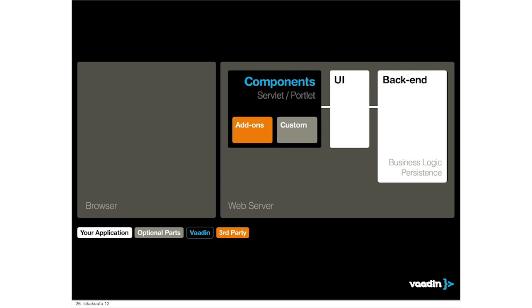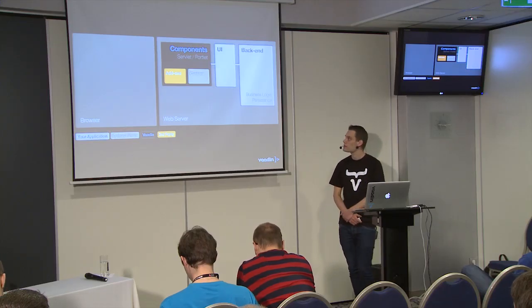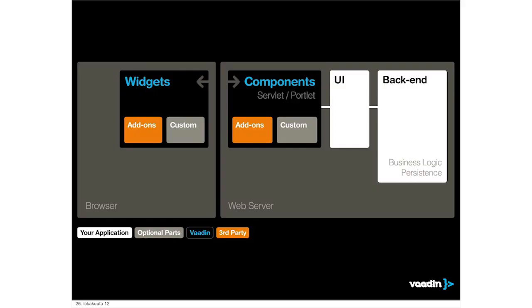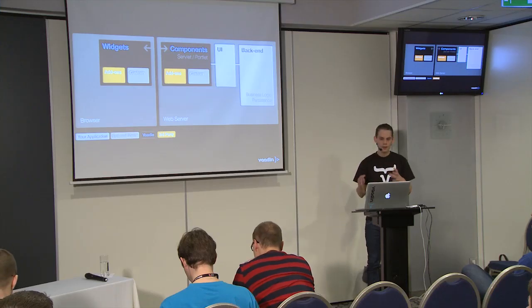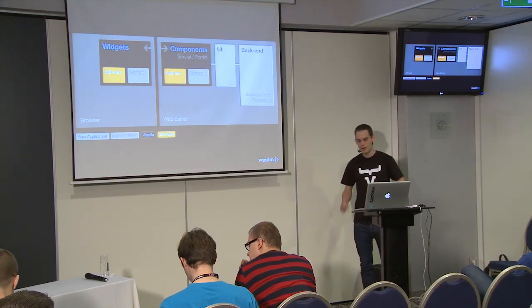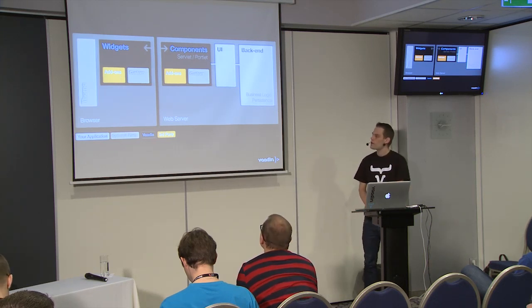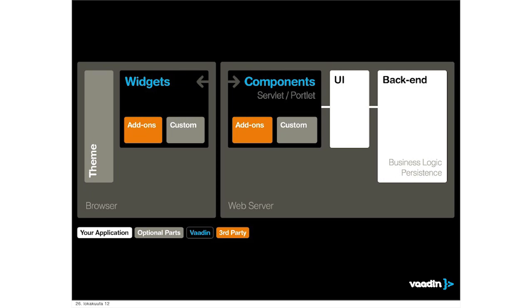You can use the core components, the add-ons and your own custom components, and you can run the Vaadin application as a servlet or as a portlet. For these components, there are client-side widget implementations available. But if you only do server-side Vaadin coding, then you don't really need to worry about these widgets because Vaadin handles this for you. And then there is of course the theme. You can use the core themes, or you can extend a core theme to customize it.